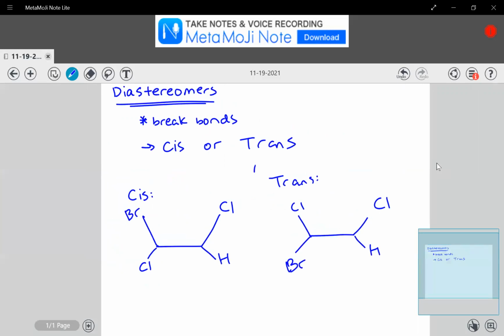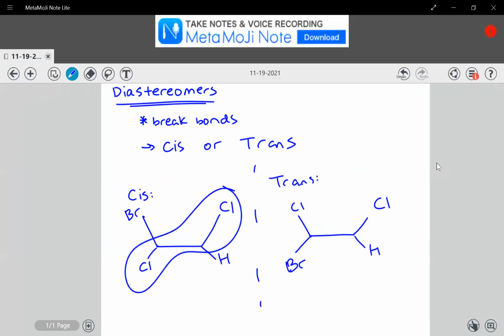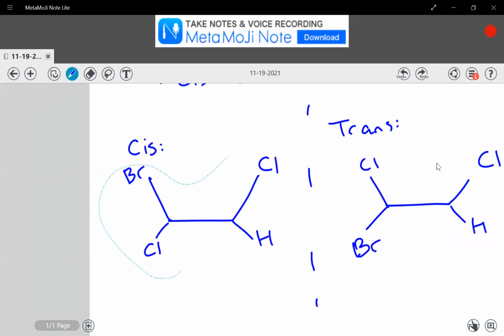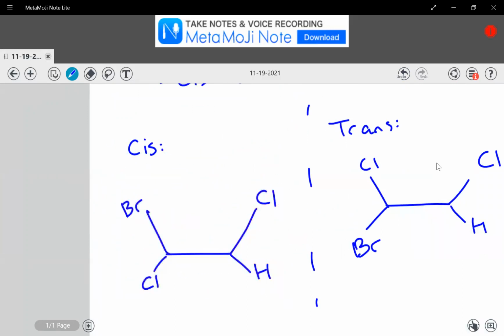Before you guys go, oh wait, but the chlorines, they're on different sides on the cis. You said cis was the same and trans, they're on the same side here too. Well, the main atoms are the ones that are on the same side. And what are the main atoms? They're the heaviest ones. Remember how CIP looked at the heaviest atoms? Well, cis and trans also does.